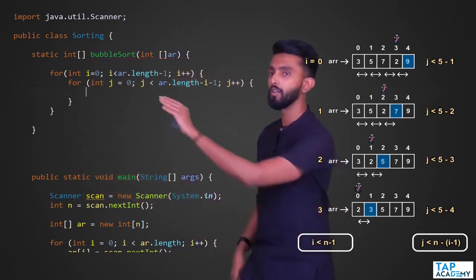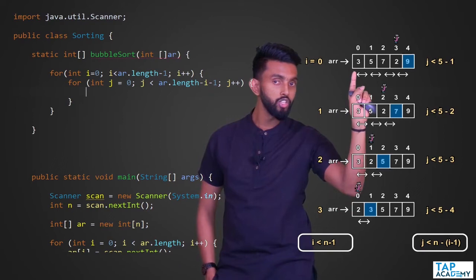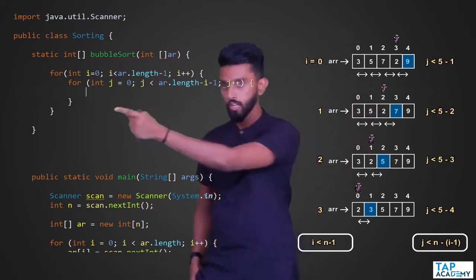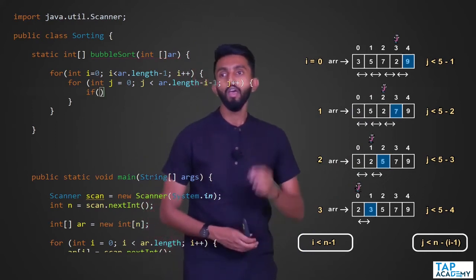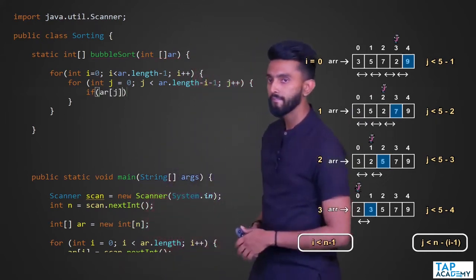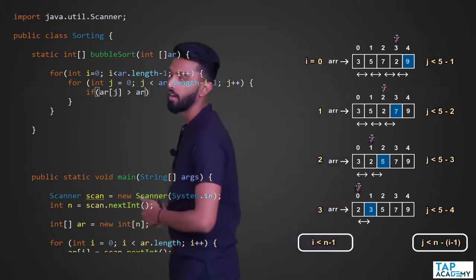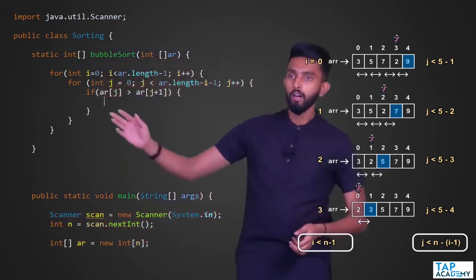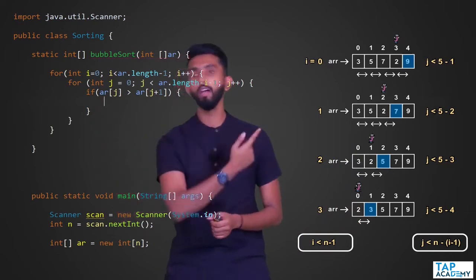Now I'll go inside this, and of course now comes the checking. Is the jth element greater than the j plus 1 element? If in case AR of j is greater than AR of j plus 1, now inside this you should do swapping, and using a temporary variable you can swap.